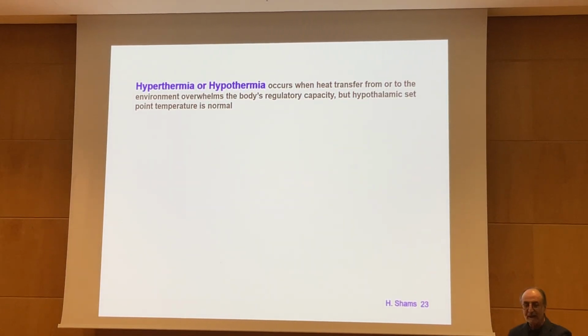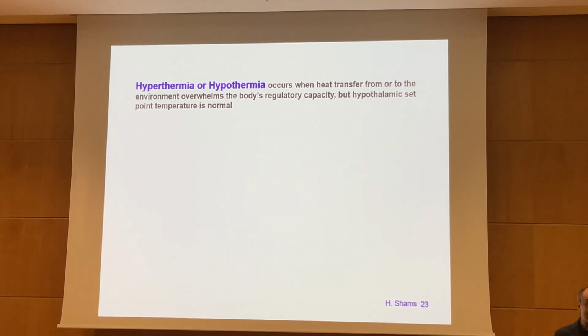And now a few definitions. Definition of hypothermia. I told you, if the body temperature falls below 37, then you get hypothermia. If it goes up above 37, you get hyperthermia. But what you should remember is that in hypothermia and also in hyperthermia, the set point temperature is normal.